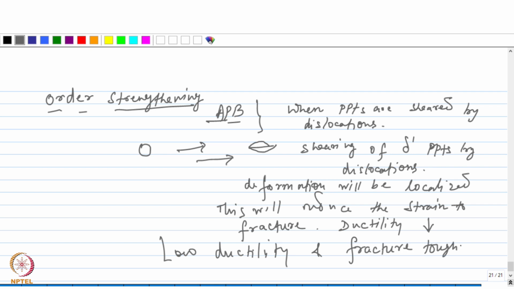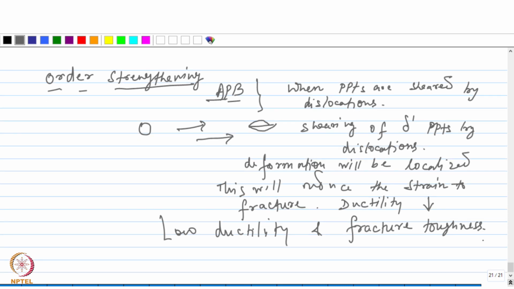So this is something which could not be overcome, and as a result of that, although they attracted a lot of attention in the beginning, ultimately this whole area of aluminum lithium alloys started to decline as people started to realize that this low ductility and fracture toughness cannot be overcome, right? So you cannot really use this kind of alloys in critical applications like aerospace and aircraft and things like that, simply because of the fact that they have low fracture toughness.